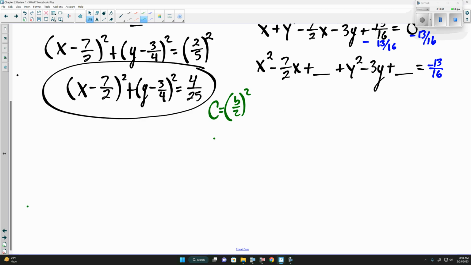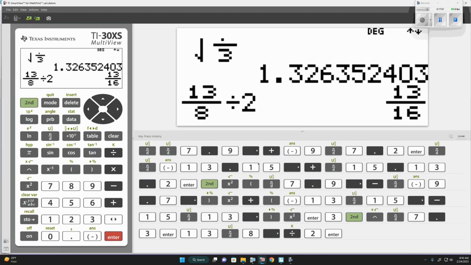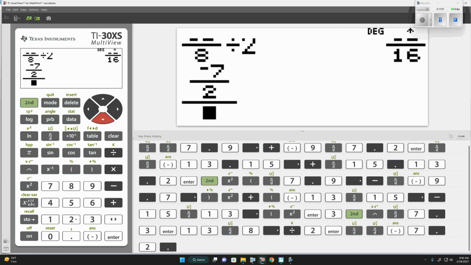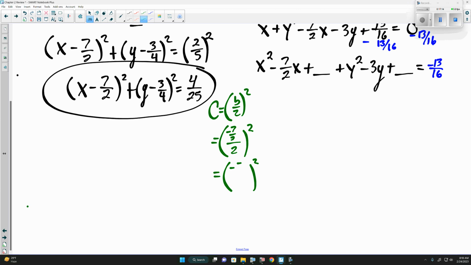Now for x, our value of b is -7/2. Now the first thing I would do in the calculator, fraction on top, -7/2 over 2, plug it in first, which is -7/4.